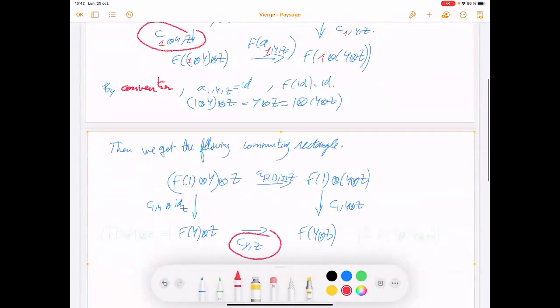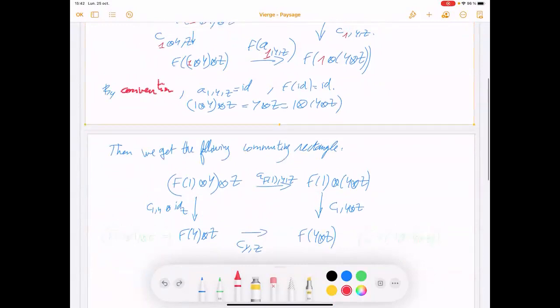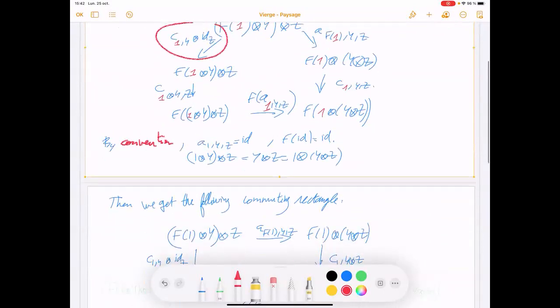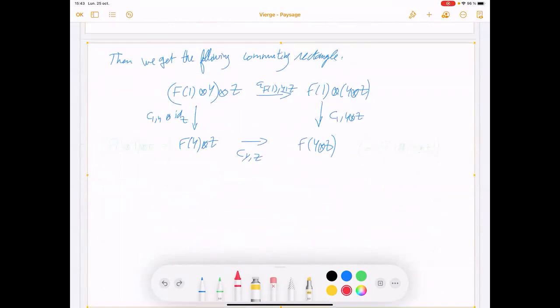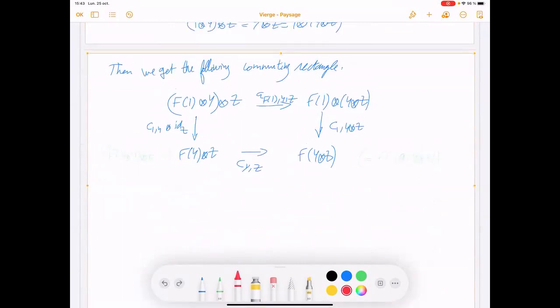Again, we use a convention. So 1 tensor Y is Y here, and finally we get this here. So it's okay. So it's commuting. It's a commuting square. So we will use this commuting square, not commuting rectangle.